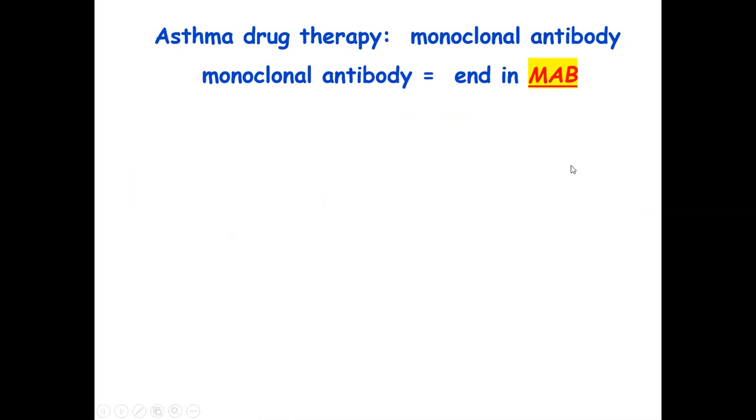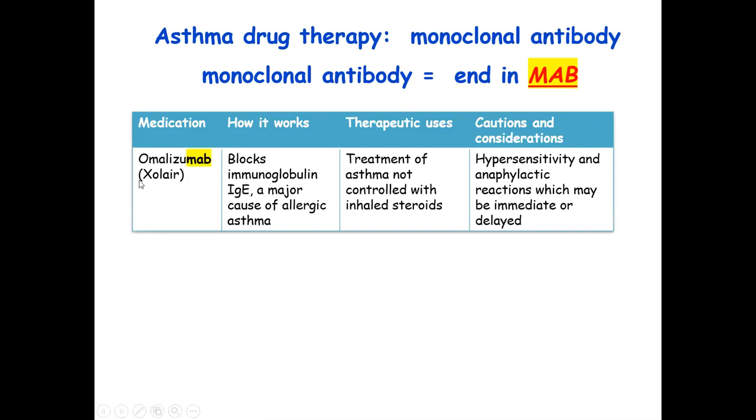Monoclonal antibody. Anytime you see a drug that ends in MAB, that means it's a monoclonal antibody, which means it's extremely expensive. I just happened to see a Xolair commercial on television last night, and I looked it up: $8,200 for a month.